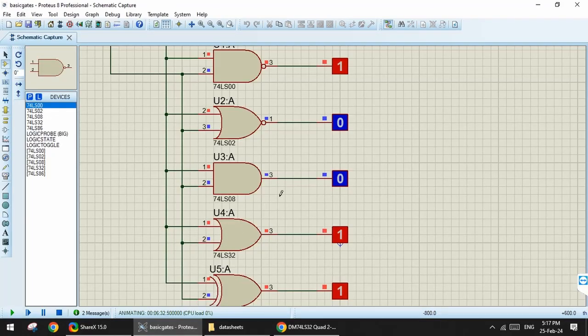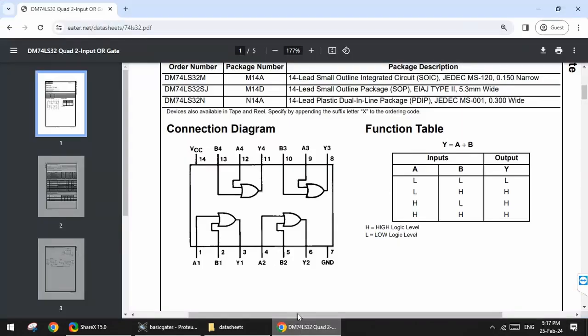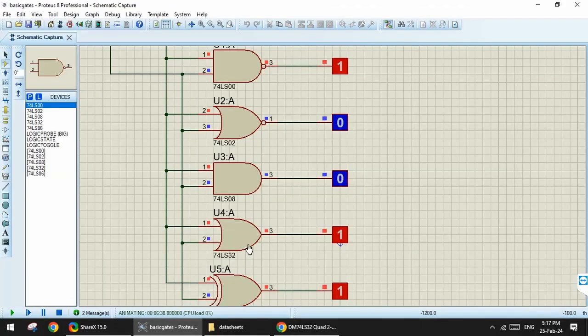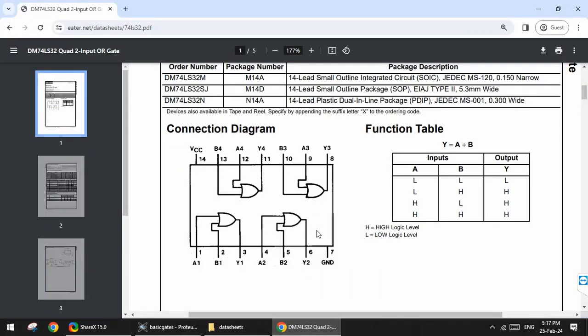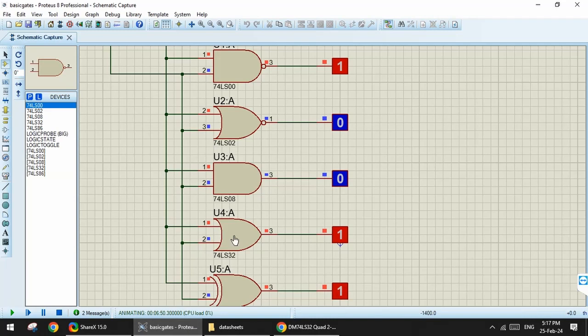In Proteus, when we are trying to simulate an OR gate, we are in fact placing this IC 74LS32, and in this IC there are 4 gates, and we are going to place one of these OR gates over here.